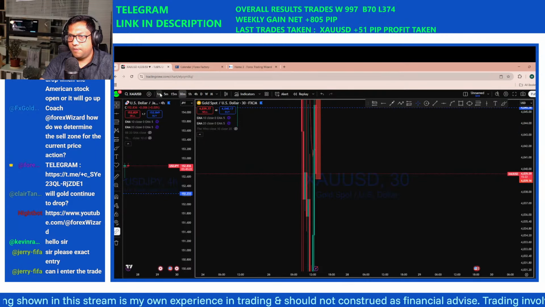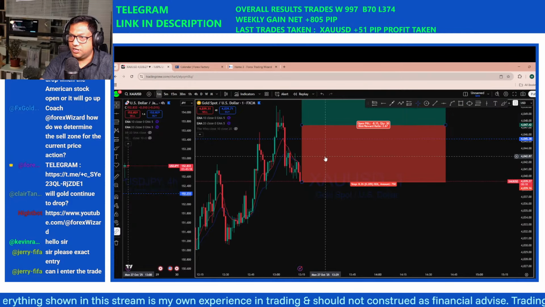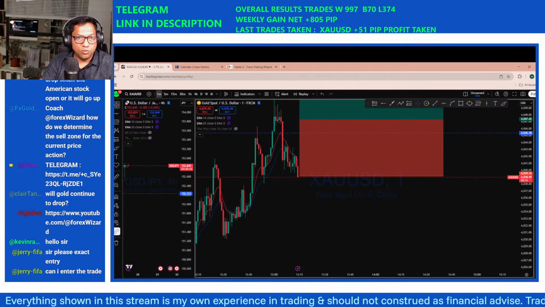and the market structure here is showing that we might see a downtrend continuation in this market.